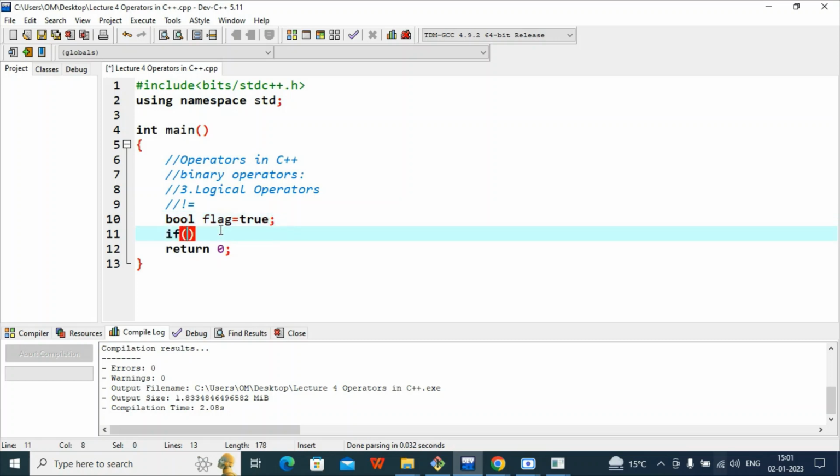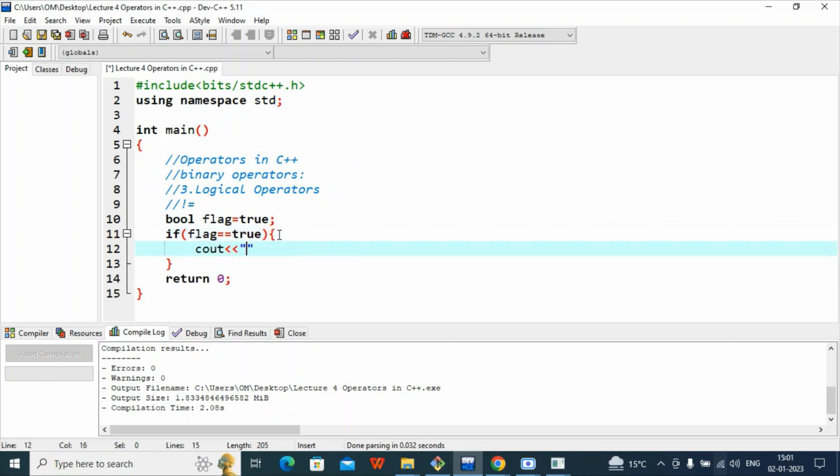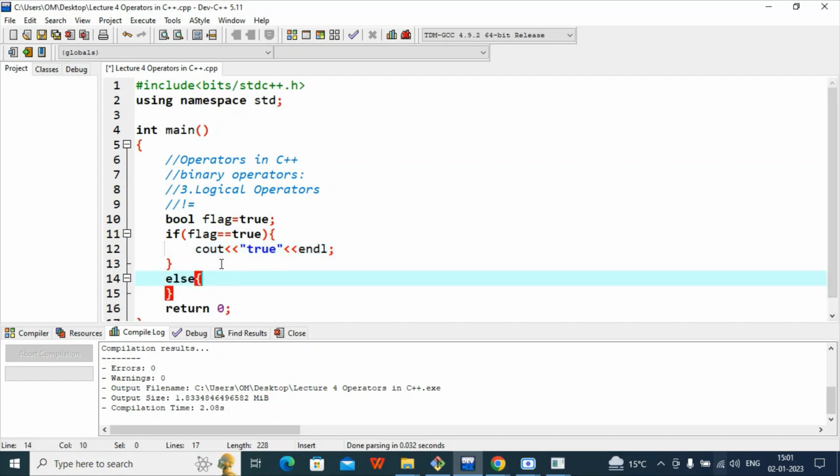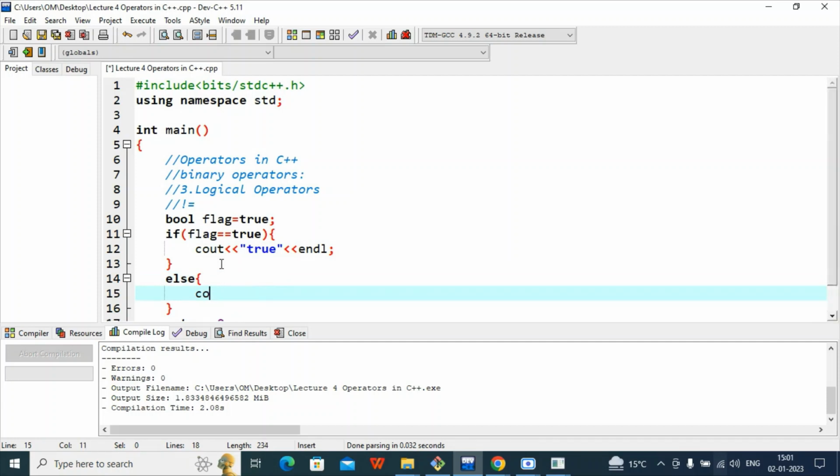Now how will I check if flag is true? I'll write something like if flag equal to true, print true, the lame method, the very boring method. Else print false, right?